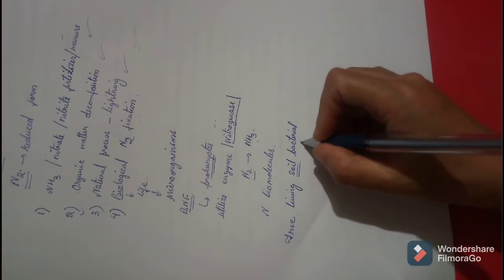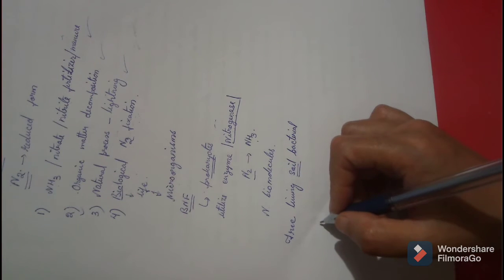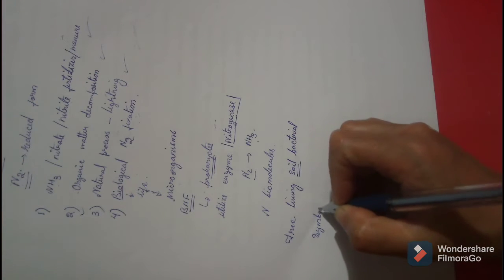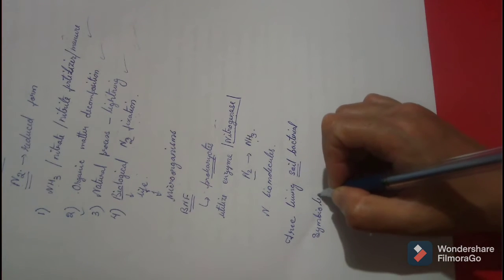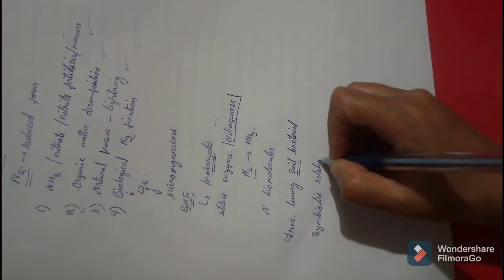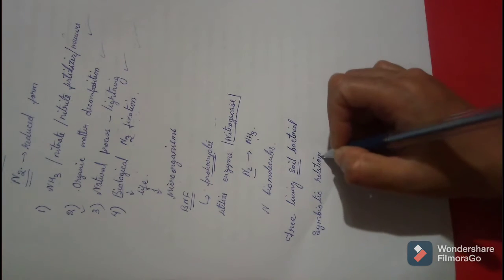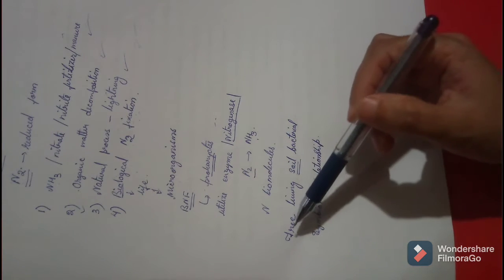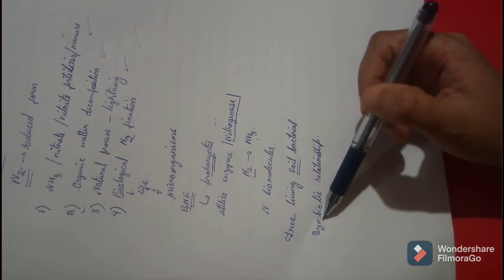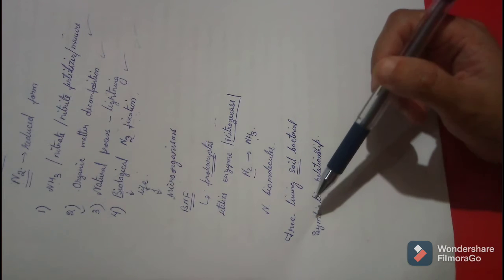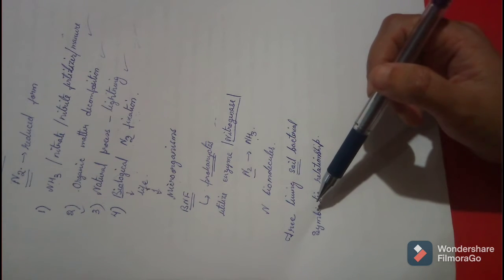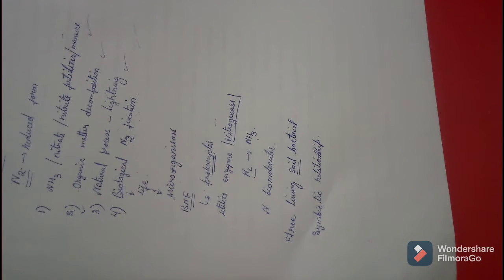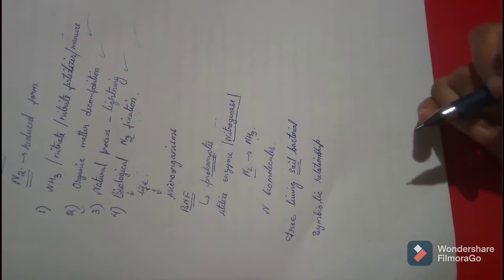So the free living soil bacteria, and also those which can form a symbiotic relationship with the plants, can perform this biological nitrogen fixation. So let us take a look at the whole process in detail.